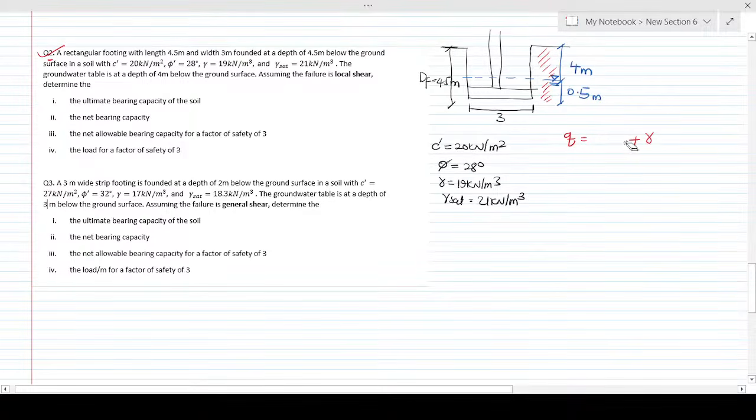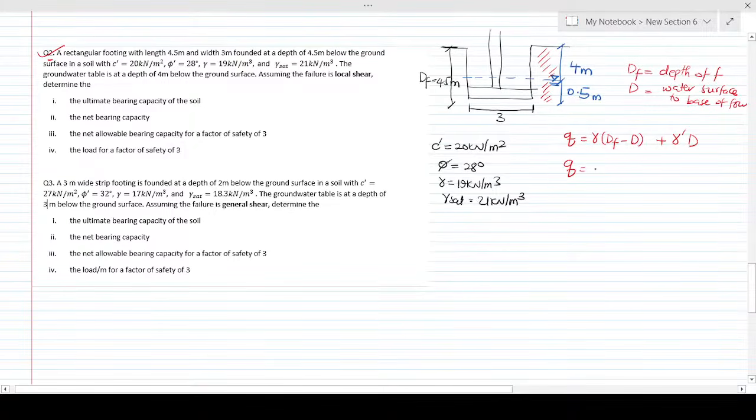The equation is Q equals gamma times (Df minus d) plus gamma prime times d, where Df is the depth of the foundation and d is the distance from the water surface to the base of the foundation.